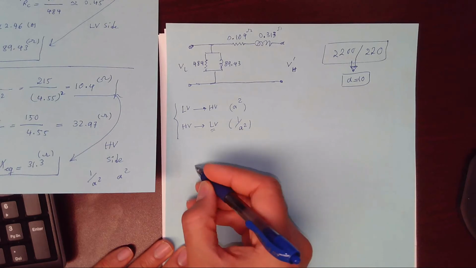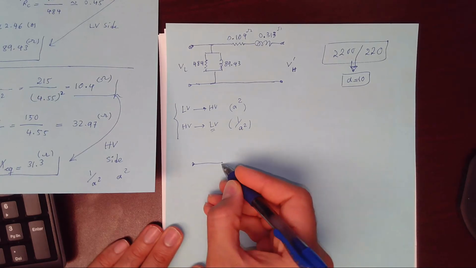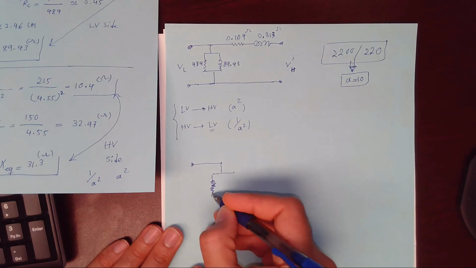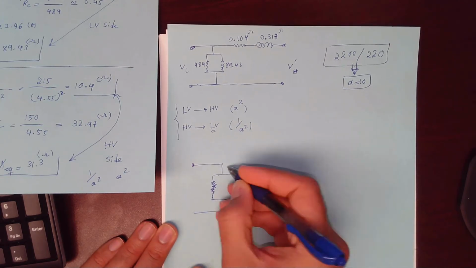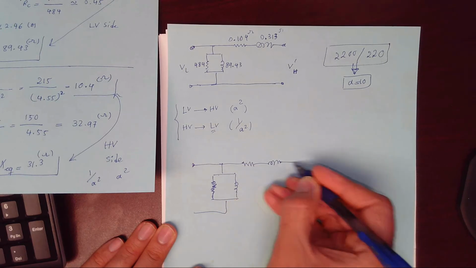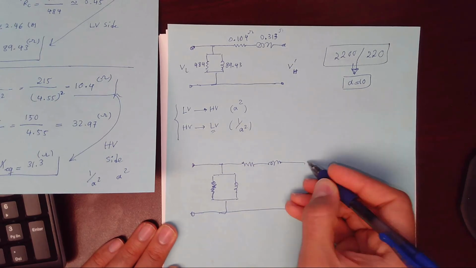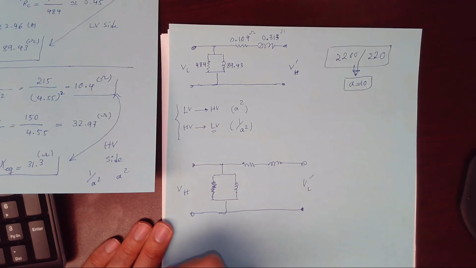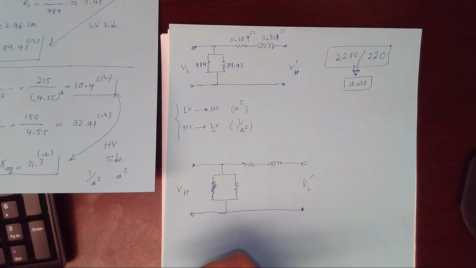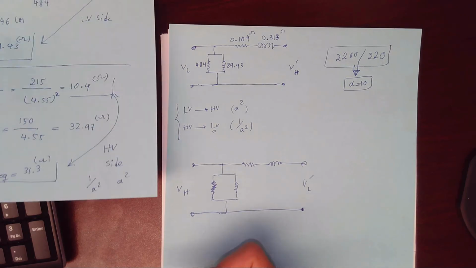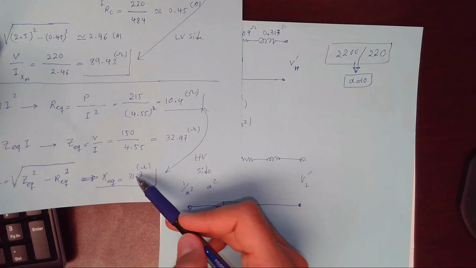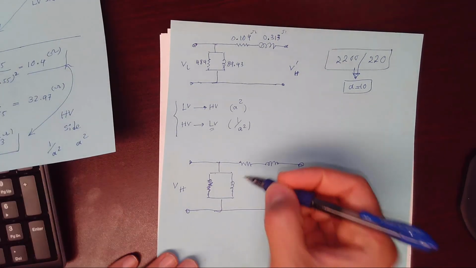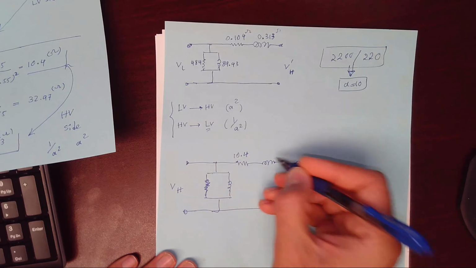How about if we want to transfer to the high voltage side? If we transfer everything to the high voltage side, these two parameters remain unchanged because they are already at the high voltage side. So this is going to be 10.4.